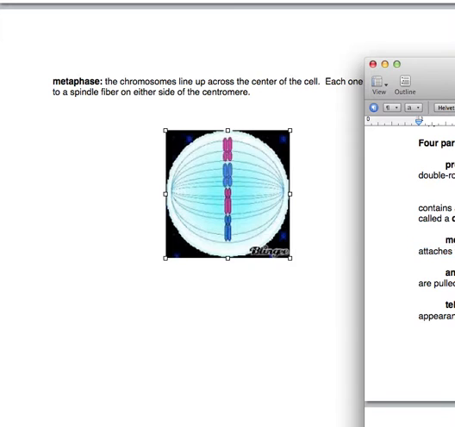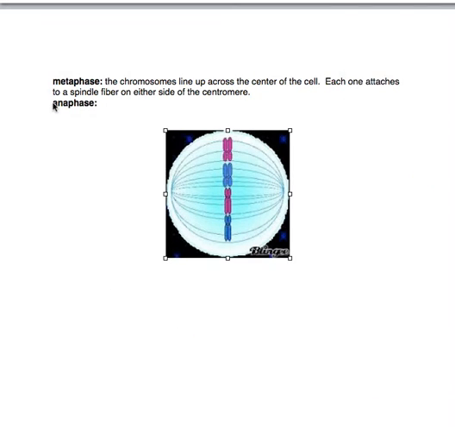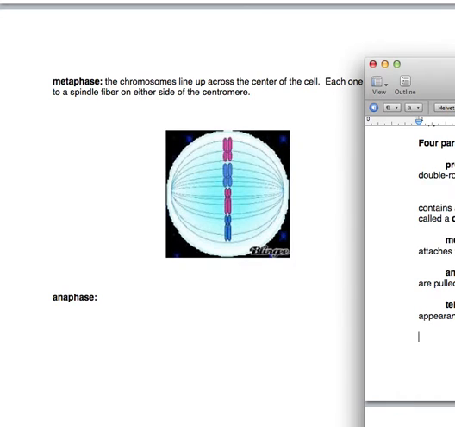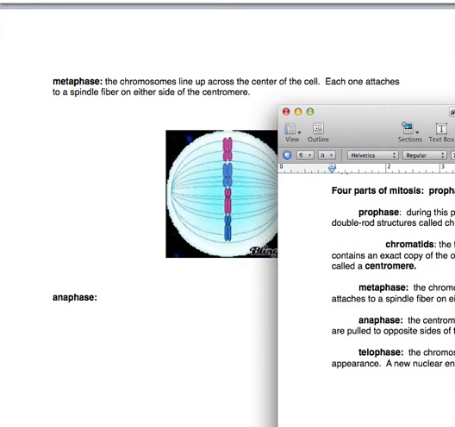Next, we have anaphase, and that's where that pulling apart actually happens. So in anaphase, the centromeres, the little thing holding the two parts of the chromosome together, those centromeres split. And so then the two chromatids, remember, each side of the chromosome is called a chromatid.